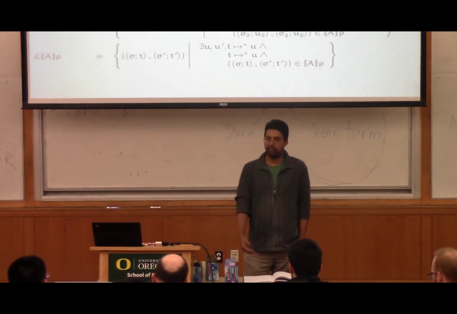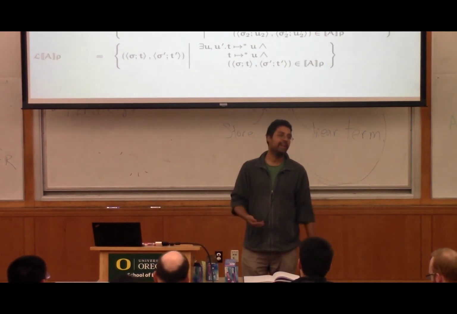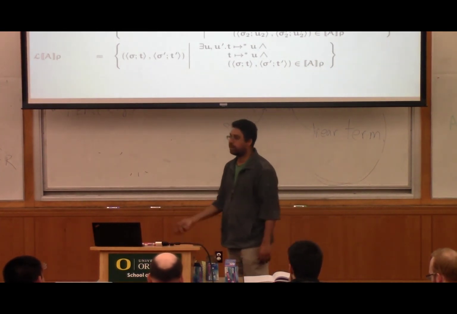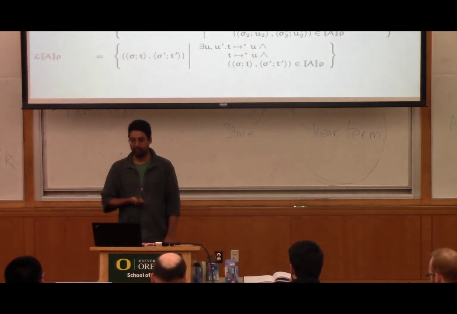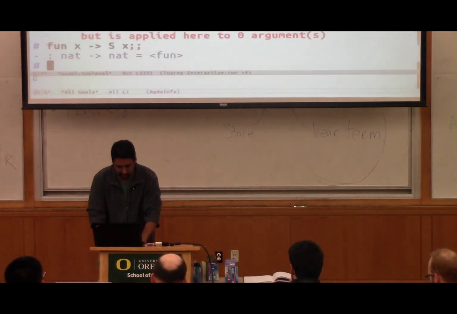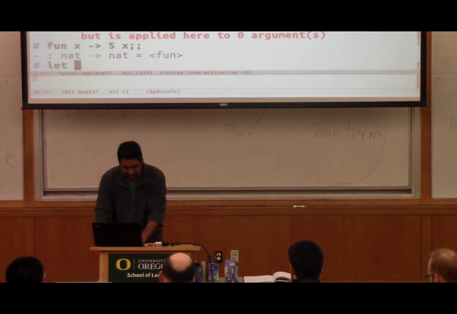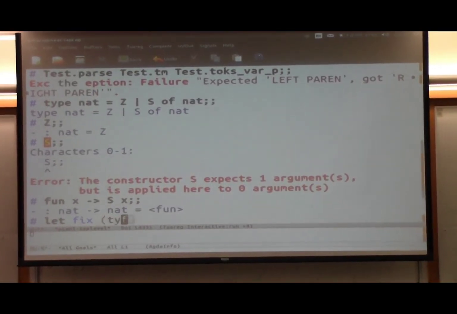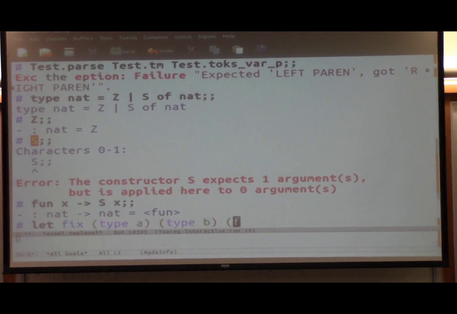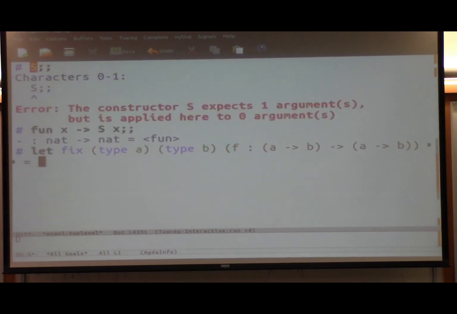State in general is an extremely powerful effect. In ML or Java, you can implement fixed points using state. Let me see if I can write it out, this is going to be a risk. We'll say F has the type A to B to A to B, equals, and now let's create a pointer.